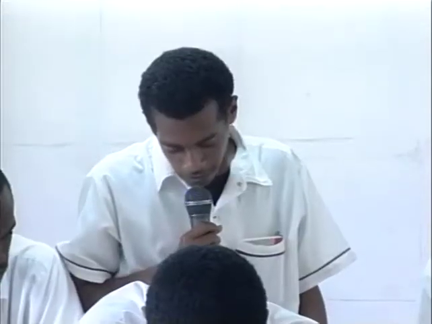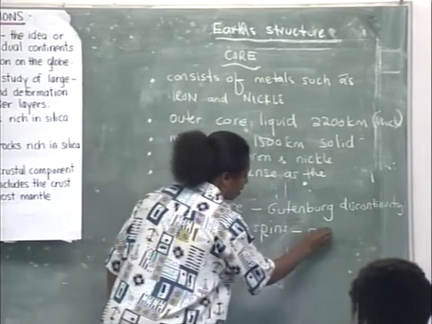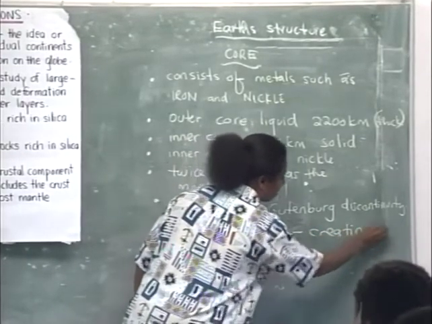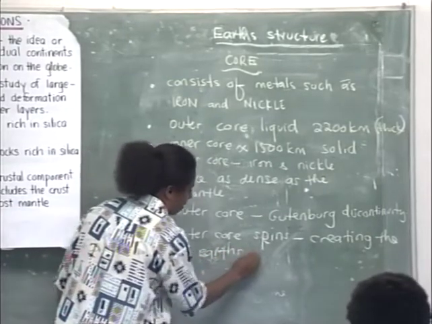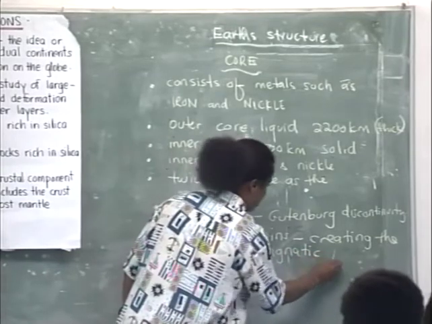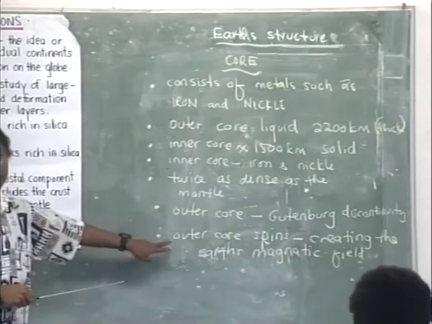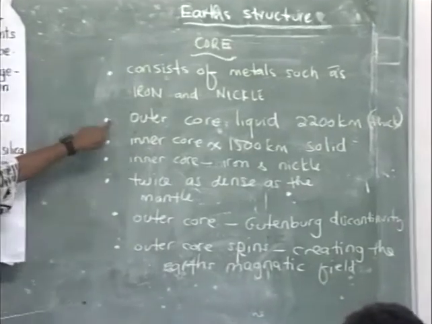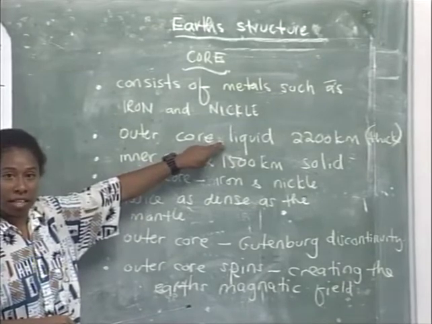The outer core spins, creating the Earth's magnetic field. Okay, very good. We are looking at another important piece of information about the outer core. We said that the outer core is liquid, molten, which means it can move easily.